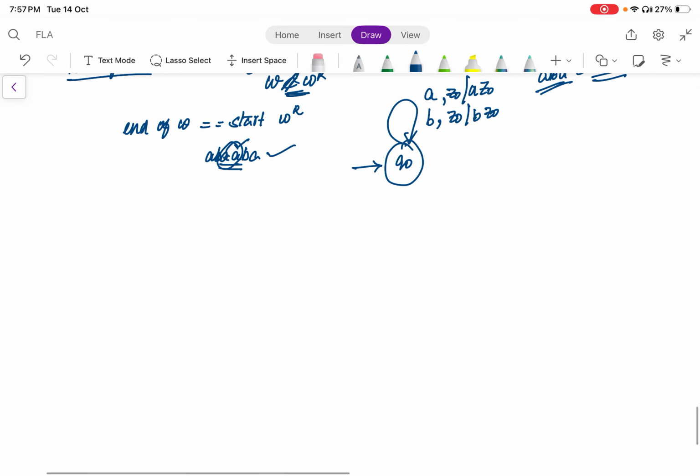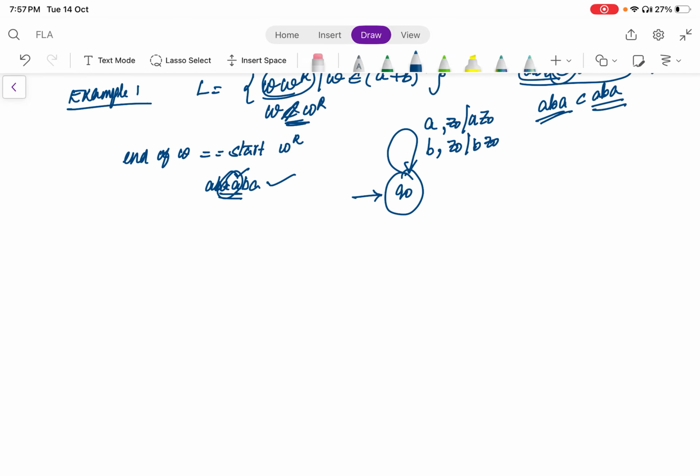But in a few other examples, see A A A. This is also a palindrome. It has the same AA in the middle, but in other parts also it has the same elements. So then what will you do? How will you know that the center has been reached?